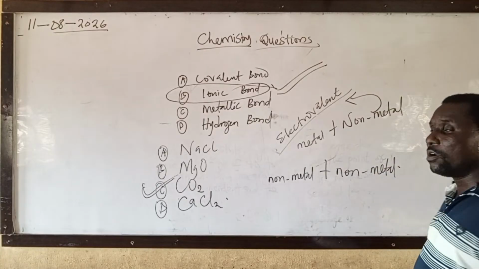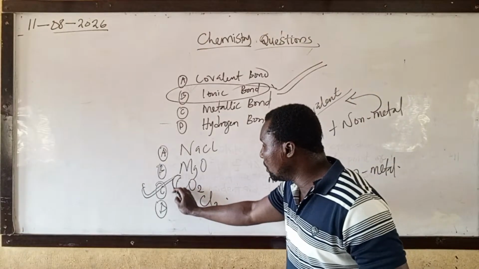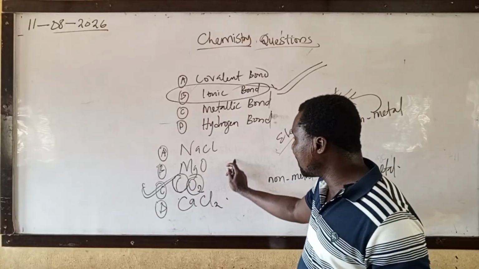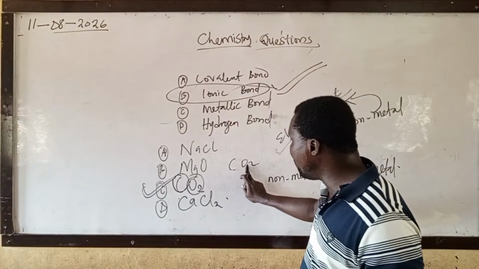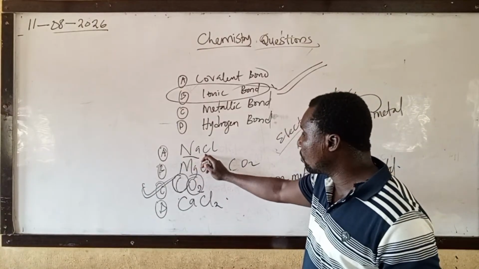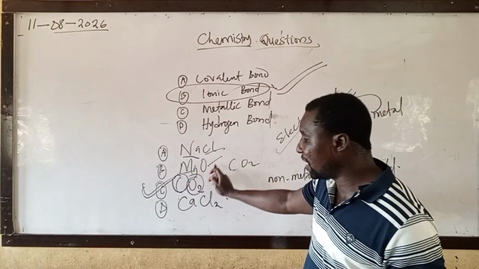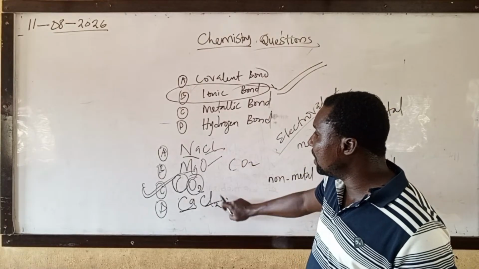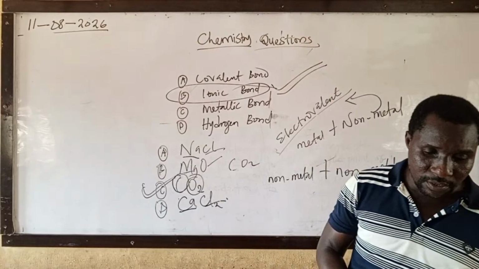Carbon is a non-metal. Oxygen is a non-metal. They combine, that is covalent bond. Look at option A. Sodium is metal. Chlorine is non-metal. Magnesium is metal. Oxygen is non-metal. Calcium is metal. Chlorine is non-metal. These three are ionic bond, while CO2 is covalent bond.